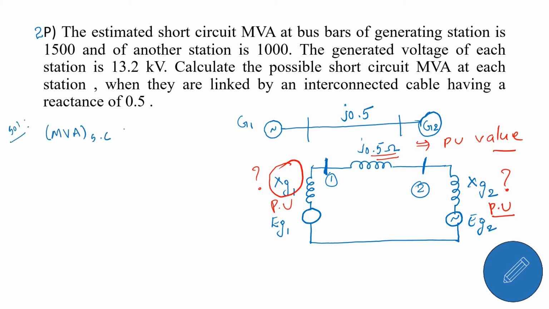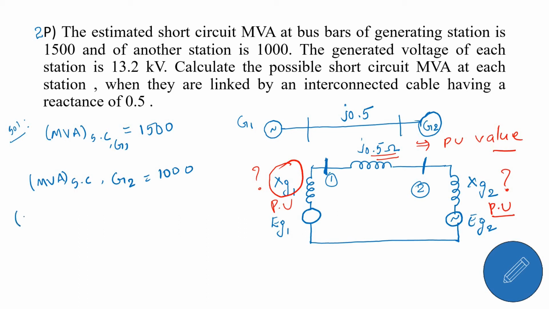They have given MVA short circuit value as 1500 for generator 1 and MVA short circuit for generator 2 as 1000.